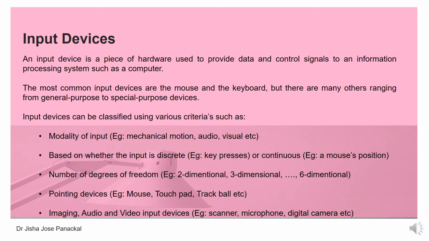That is very familiar to all of us, but there are many others, ranging from general purpose to special purpose devices. Input devices can be classified using various criteria, such as the modality of input, for example mechanical motion, audio, visual, etc. We can also classify them based on whether the input is discrete or continuous.